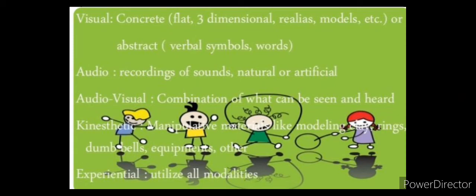Regardless of the amount of remembering, from the concrete to the abstract, each layer contributes to learning and requires instructional support materials. In visual, the concrete includes flat, three-dimensional, realized models, and etc. The abstract includes verbal symbols or written words.